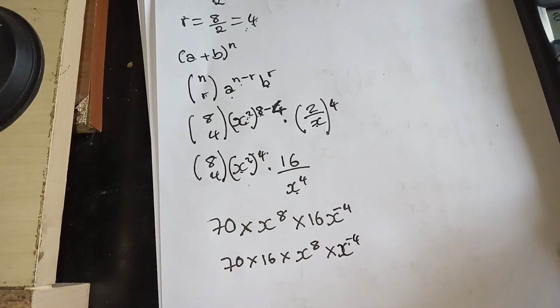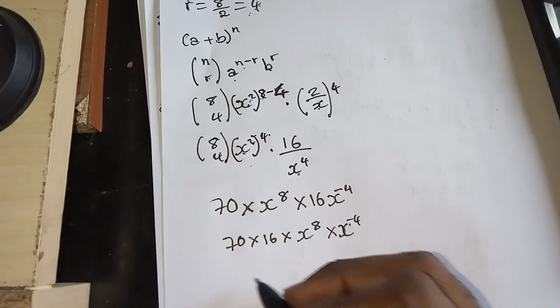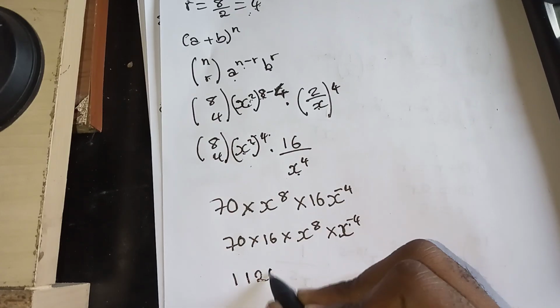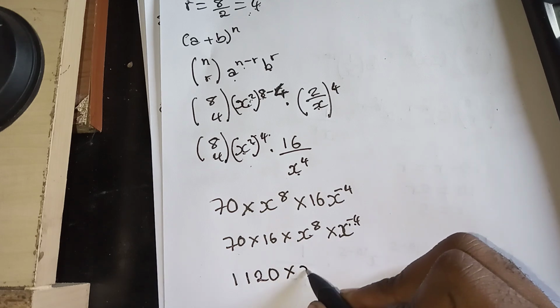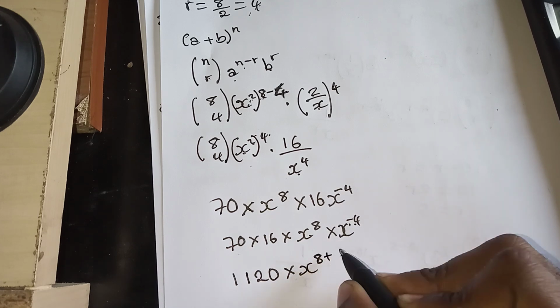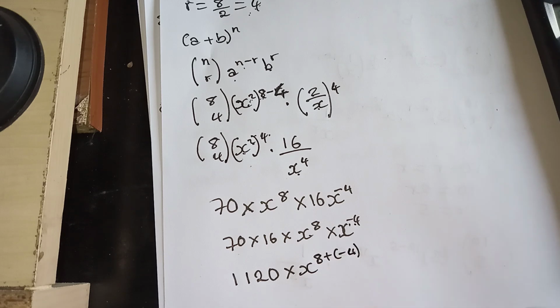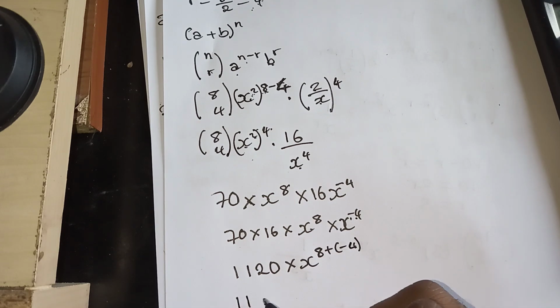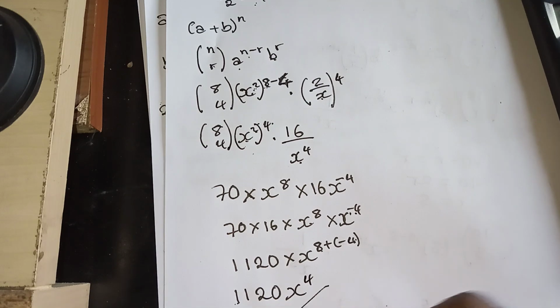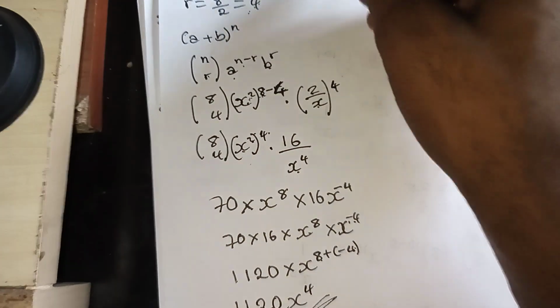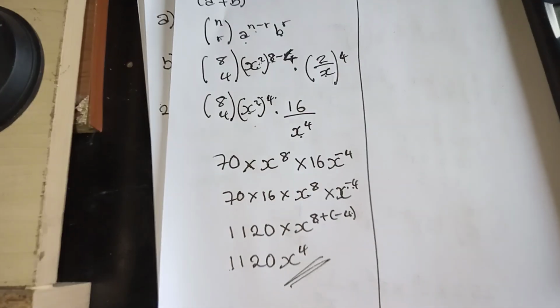Yes, so 70 by 16 is 1120, and then when you are multiplying, you simply add the powers like that. So you have 1120, then x raised to the power 4. So this one will be our middle term for part A.